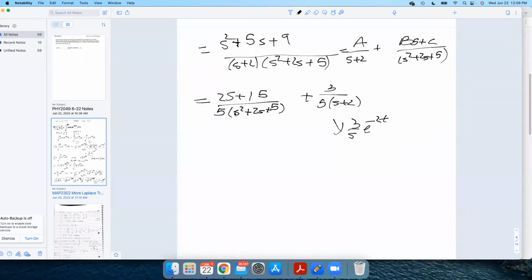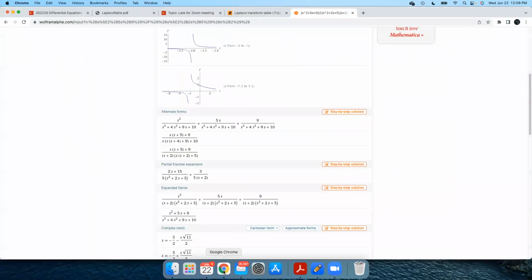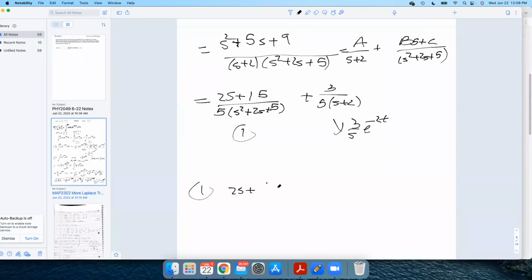First thing I would do is complete the square. Let's complete the square in the bottom. So I've got 2s plus 15 over 5 s squared plus 2s.